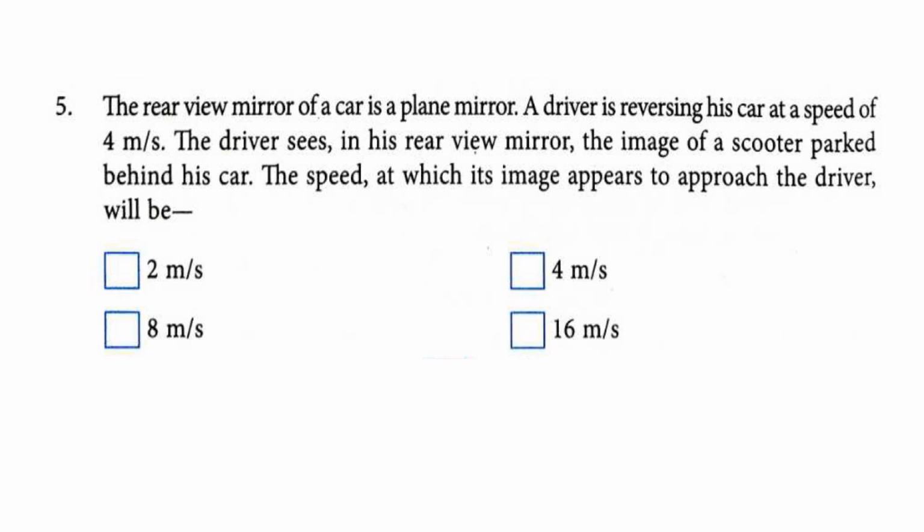Then coming to the fifth one, the rear view mirror of a car is a plane mirror. The driver is reversing his car at a speed of 4 meters per second. The driver sees in his rear view mirror the image of a scooter parked behind his car. The speed at which the image appears to approach the driver will be.